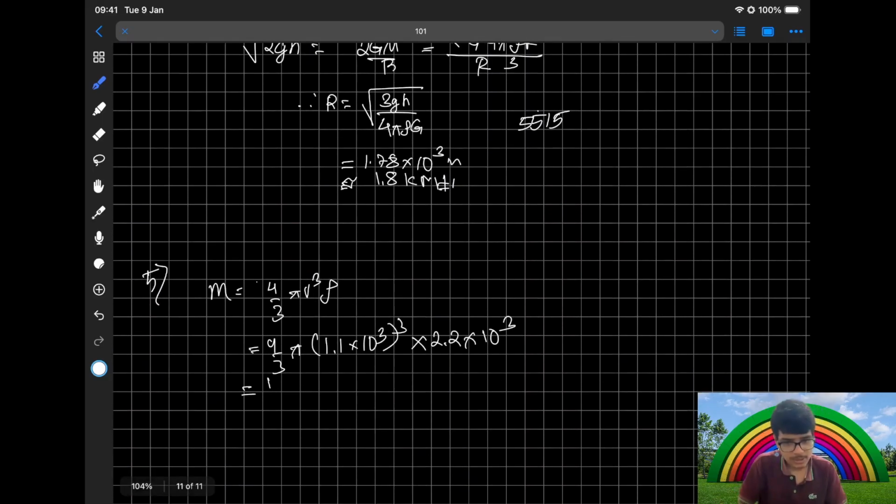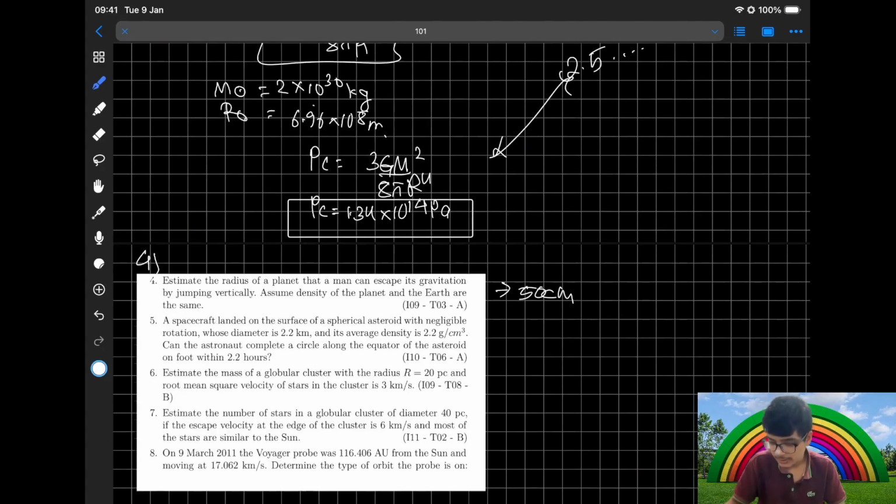Then we will have this much, as I have calculated, 1.23 times 10 to the power 13 kg.